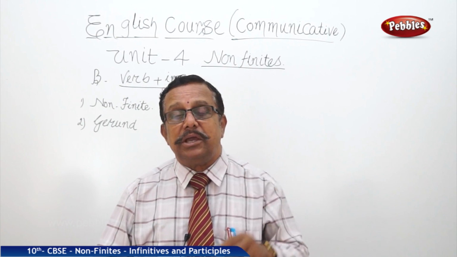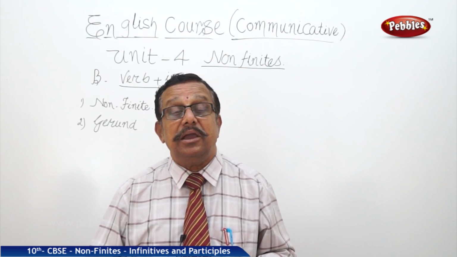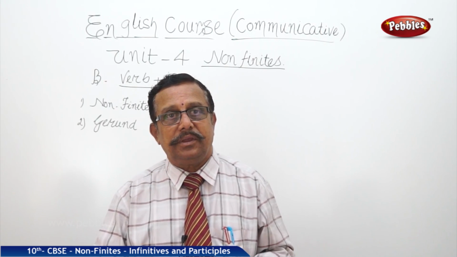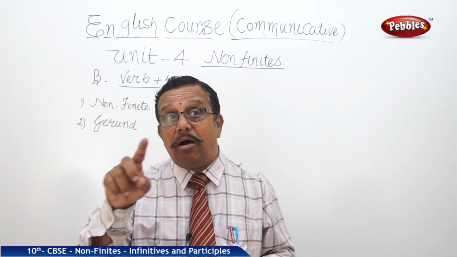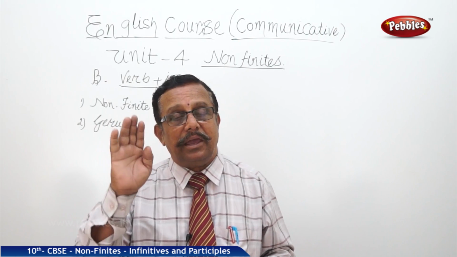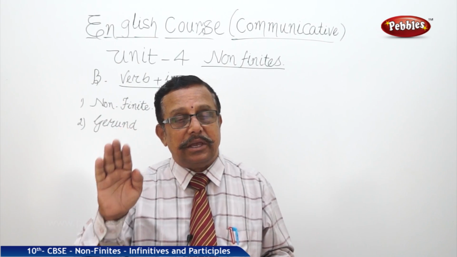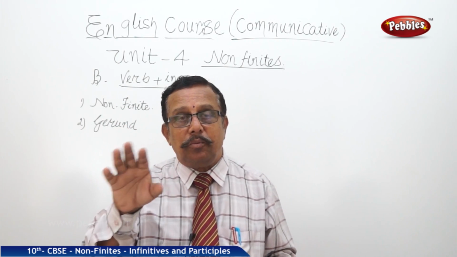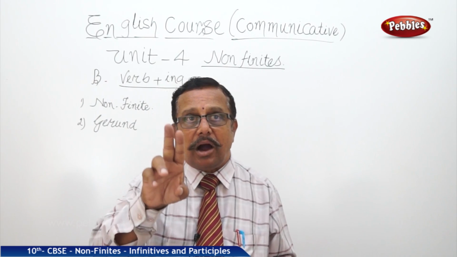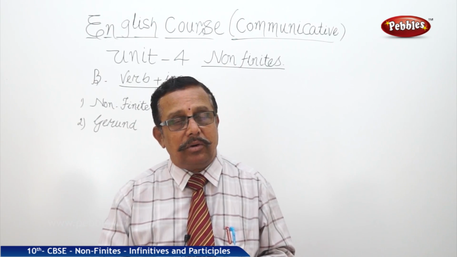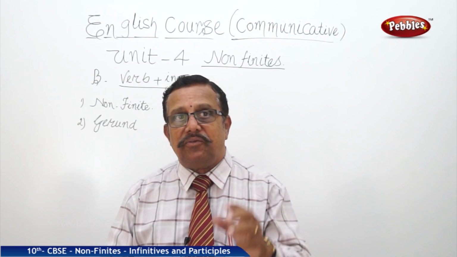So the noun usage of the ing form of the verb is called a gerund. That is dining hall. Hall is a noun, room is a noun. So dining room, dining hall, this is a compound noun with dining, the ing form of the verb.